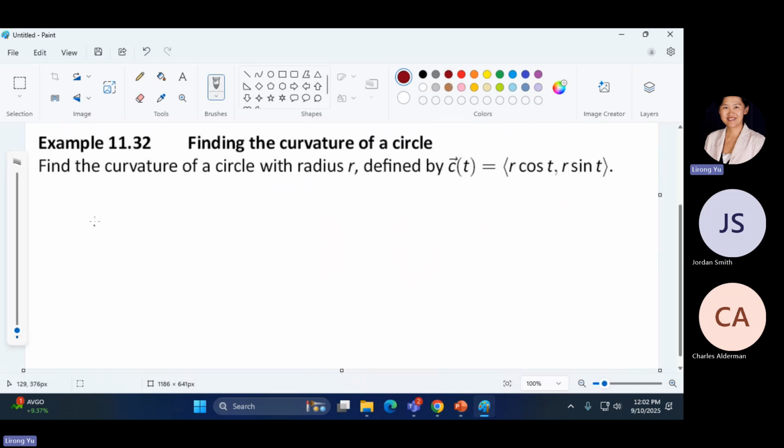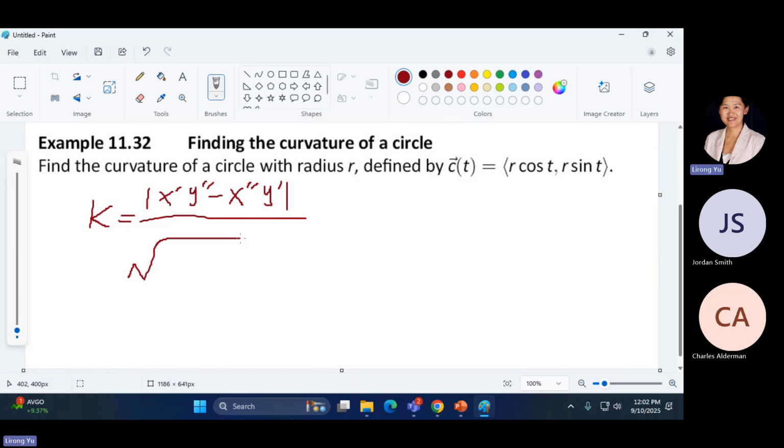So the formula for the curvature in the conventional case is equal to, I don't know if you remember, the absolute value of x prime multiplied by y double prime, minus the second derivative of x multiplied by the first derivative of y, divided by the denominator.